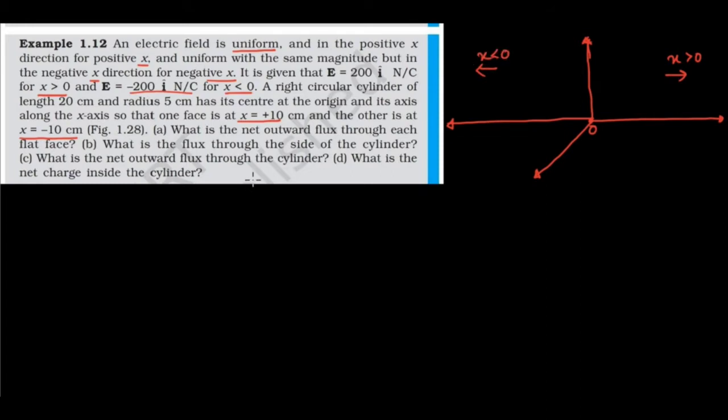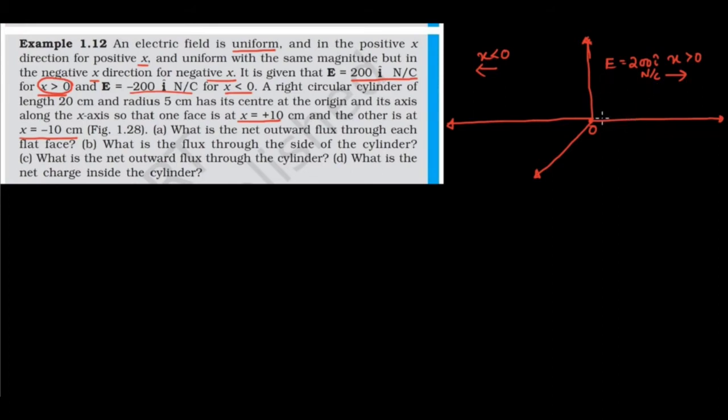Now we have electric field, and electric field is given by this value 200 i cap Newton per coulomb if x is greater than 0. Means towards right of origin the electric field is 200 i cap Newton per coulomb. It means the electric field is directed towards right, or along the positive x direction, for x greater than 0.